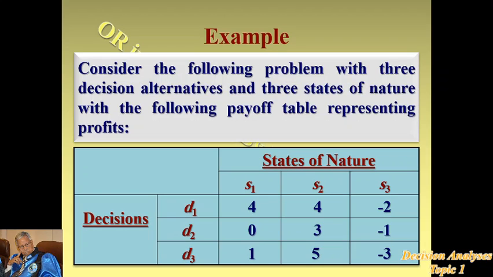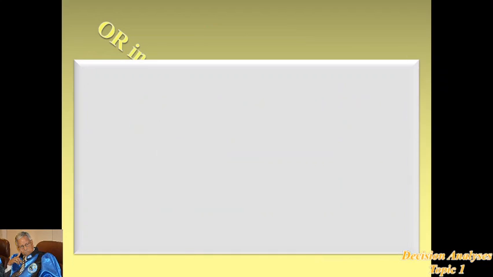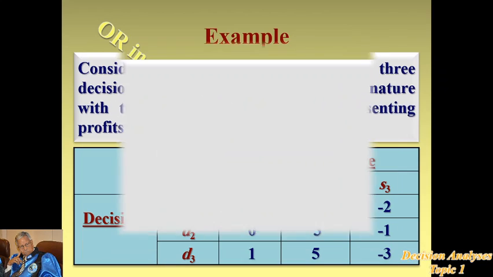If we establish a large size restaurant, D1, and the environmental condition was fair, our profit will be $4,000.